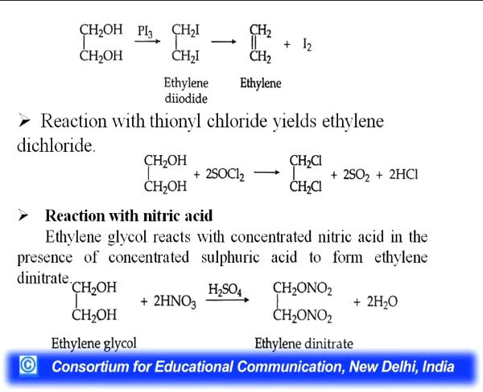Ethylene glycol reacts with concentrated nitric acid in the presence of concentrated sulfuric acid to form ethylene dinitrate. You can see the reaction: ethylene glycol, when it reacts with a strong oxidizing agent, that is concentrated nitric acid along with sulfuric acid, will give you ethylene dinitrate.